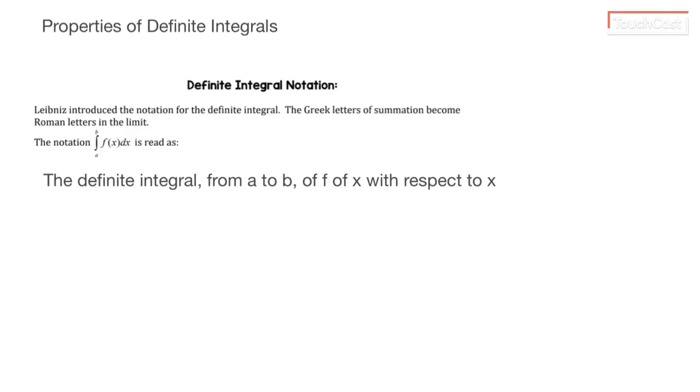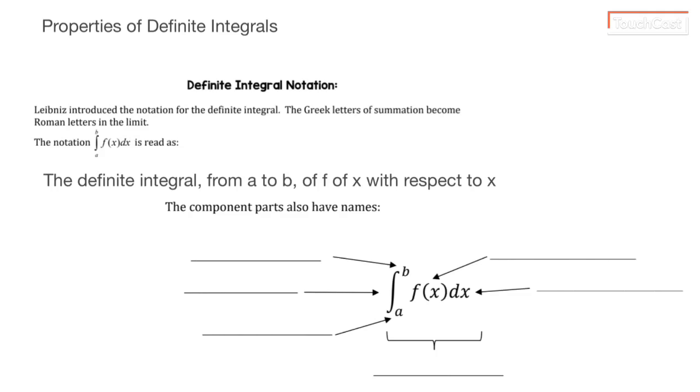Now there are some parts to this definite integral notation. This b right here is called our upper limit. And then this s-looking symbol, we call that the integral. A is our lower limit.